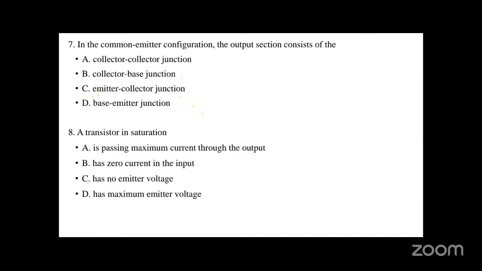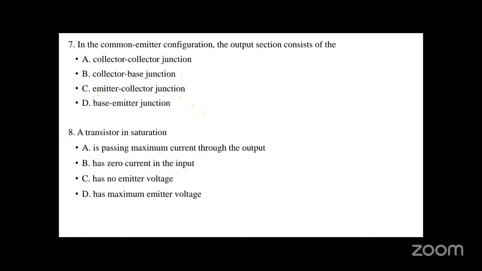Question number 7 says, in a common emitter configuration, the output section consists of the A, collector junction, collector base junction, emitter collector junction, and base emitter junction.